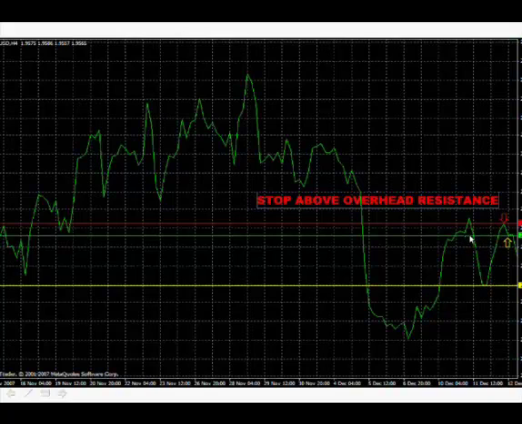Once we have this close below support, I'm going to put my limit order in to sell short on a pullback to this level. My stop is going to be here because that's first resistance. My target is going to be down here.